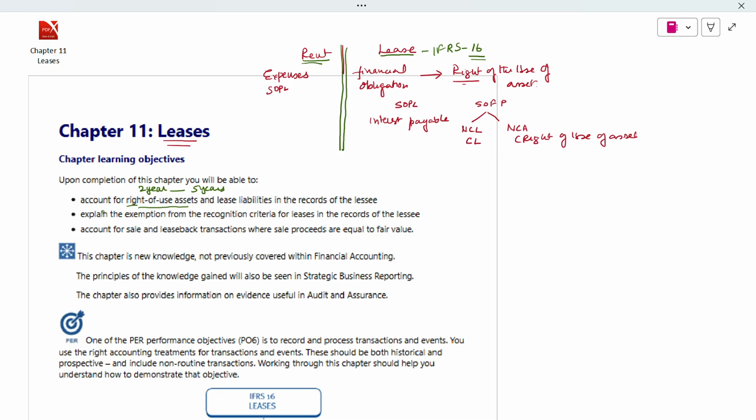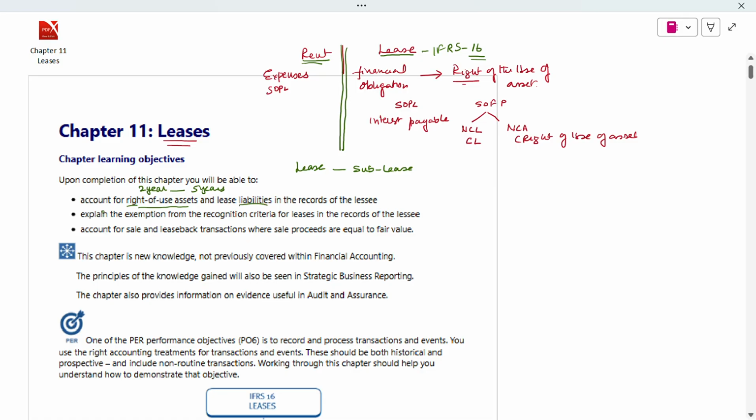You can use it for yourself, you can rent it to others, you can sublease it to other people for doing business. You have the right of use of the asset, nobody can influence you, and you will have the lease liabilities.